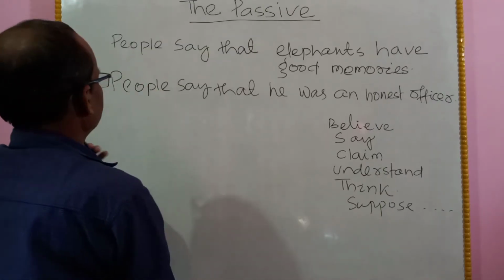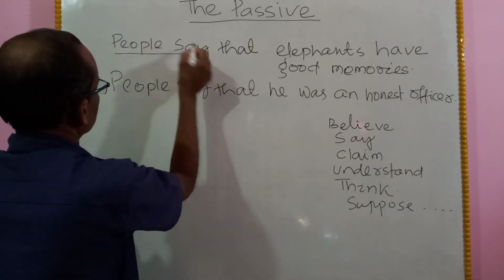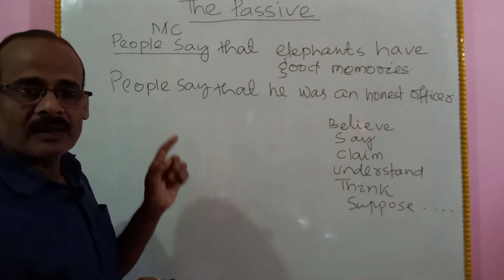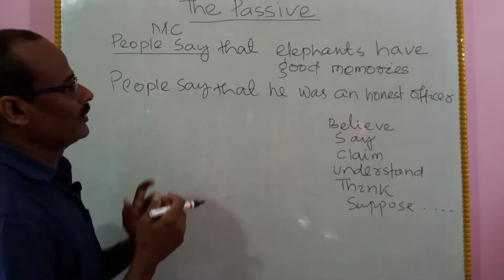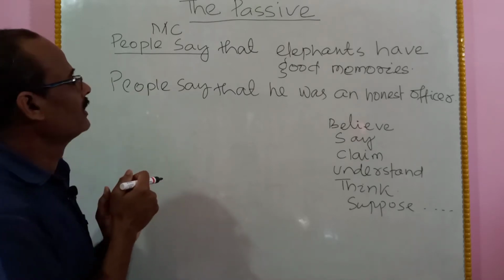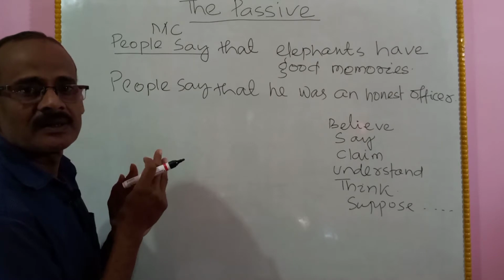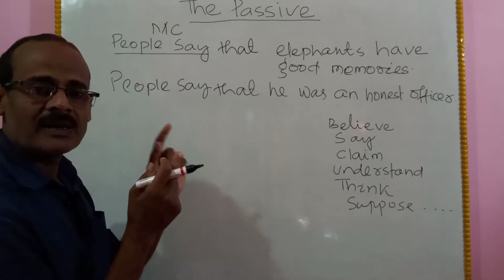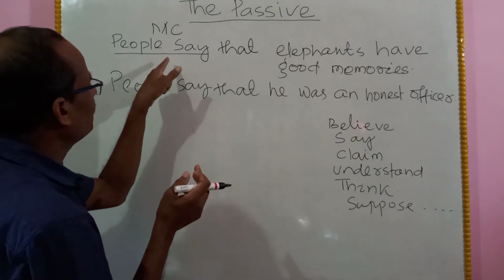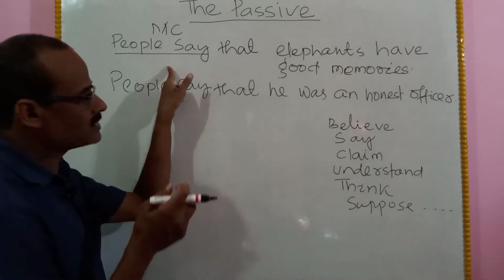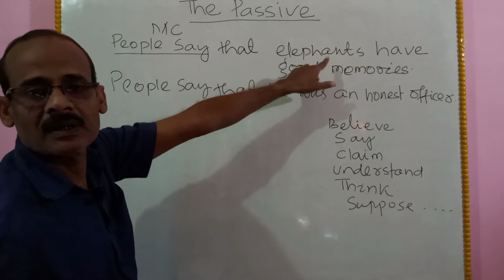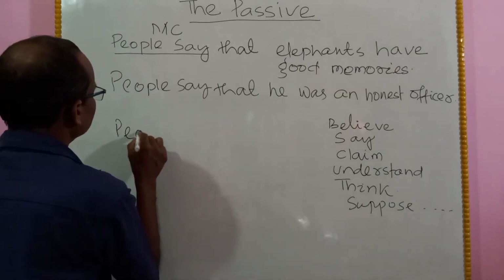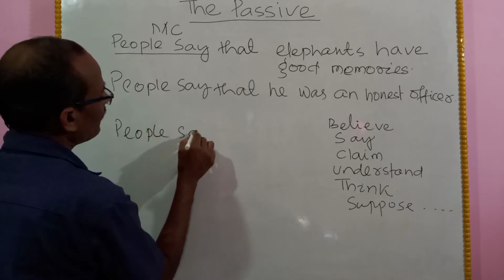People say. The main clause, we have the choice. There is an option. You can change either the main clause to passive or the subordinate clause to passive. The main clause is "people say."